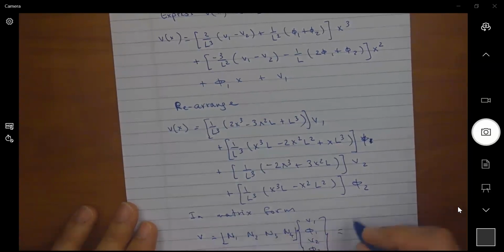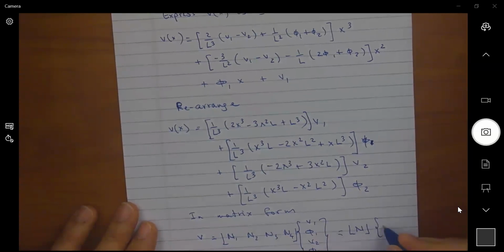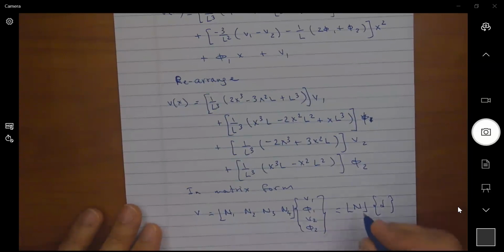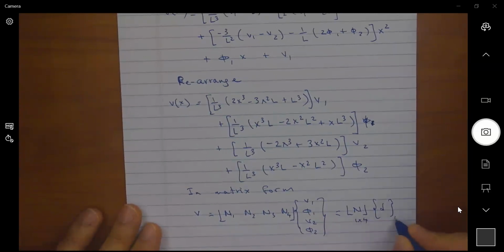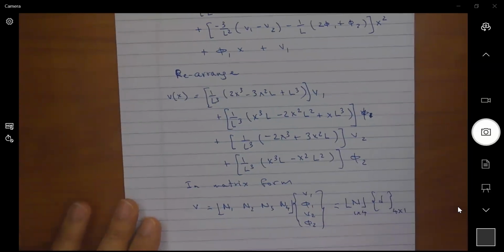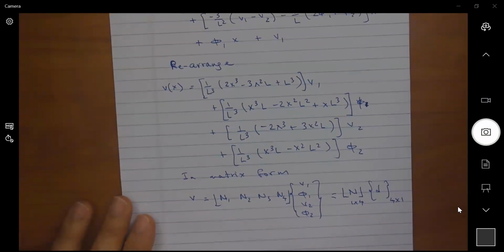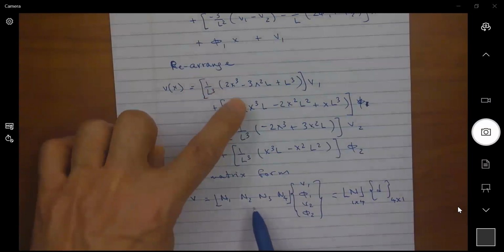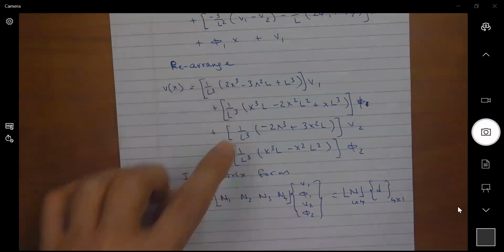So I can simplify this as an N row matrix times a D column matrix. So I have here a 1 by 4 times a 4 by 1, where you can see clearly, this is N1, this is N2, this is N3, this is N4.